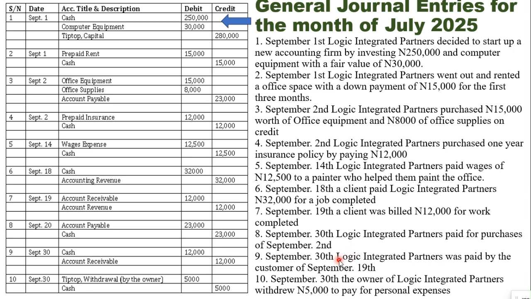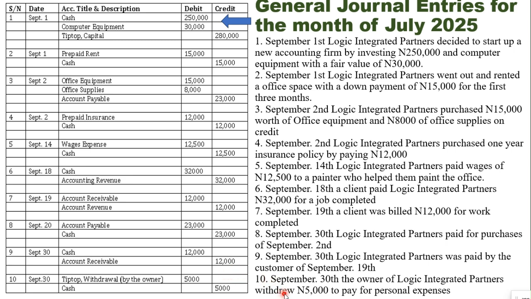So the 12,000 naira goes into our cash account. So we debit 12,000 naira because it is money that has been received from a customer, and we now offset the account receivable of 12,000 naira.